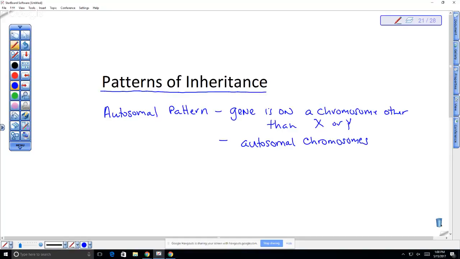Okay. Maybe, I don't know what autosomal means, self-body. Okay. This is versus sex-linked. And this is where the gene is on the X or Y chromosome.